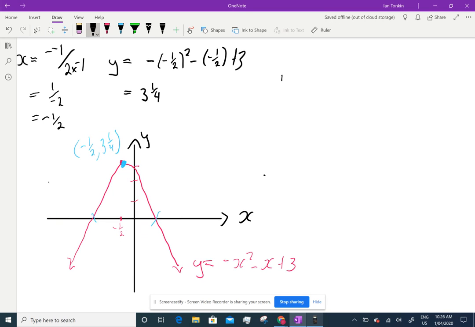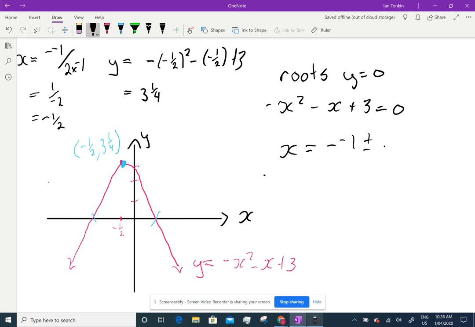Let's find the roots. Well, the roots are when y equals 0. Therefore, negative x squared minus x plus 3 equals 0. Going straight to the quadratic formula, x equals negative b, minus minus 1, plus or minus square root b squared, minus 1 squared, minus 4 times a, negative 1 times 3, all over 2 times negative 1.